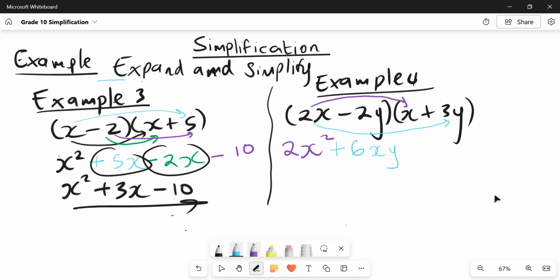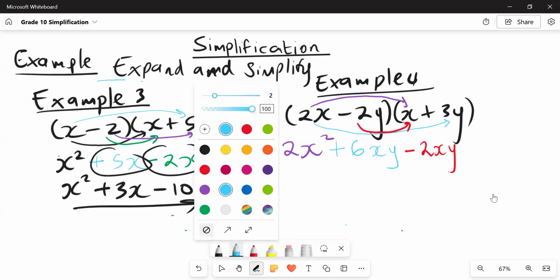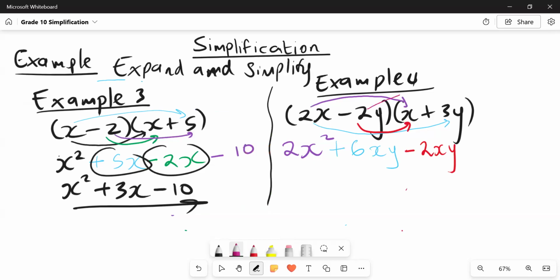And then we have to move to the next ones. Minus 2y times x, you will have your minus 2xy, right? And then the last ones, you have your minus 2y times your positive 3y. And that will give us minus 6y squared.